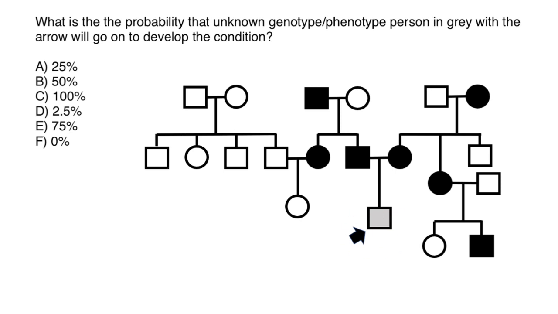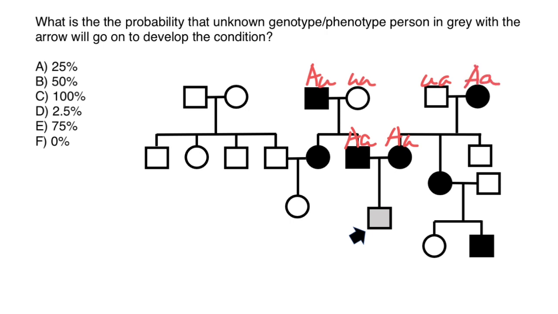We already have found that this is an autosomal dominant genetic disorder, and the genotype of this person has to be heterozygous. This person also has to be heterozygous, and the genotypes of their parents have to be as follows. So homozygous recessive here, homozygous recessive here, and heterozygous here.